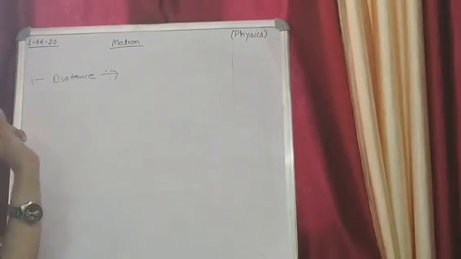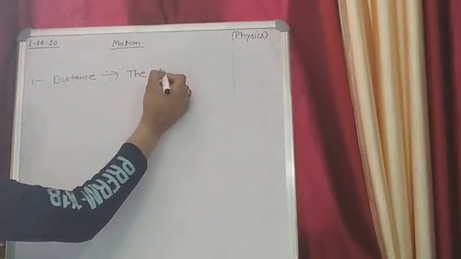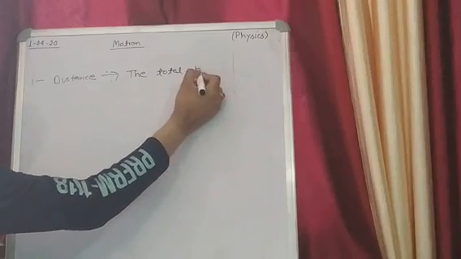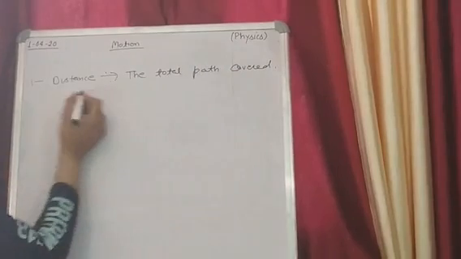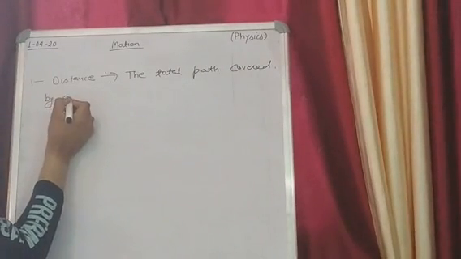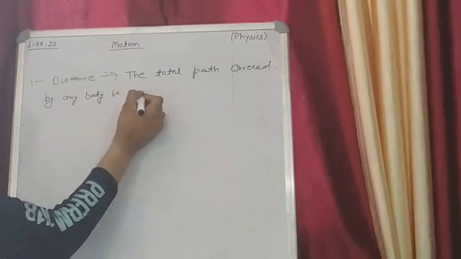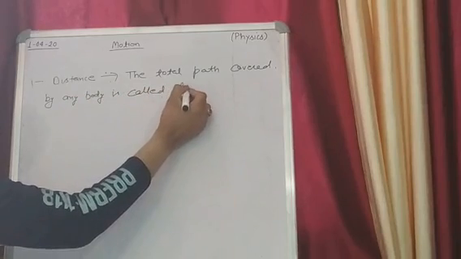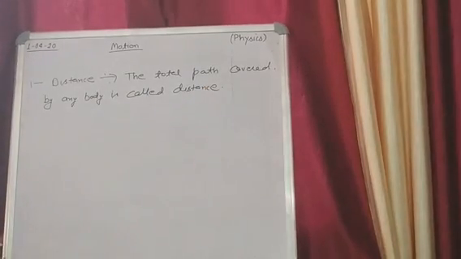That is called a distance. The total path covered by any body is called a distance.